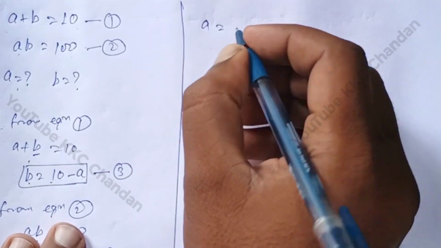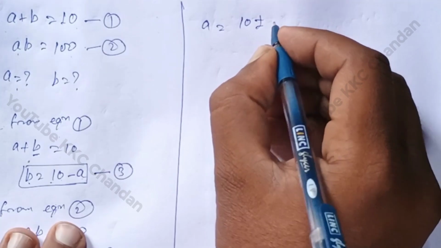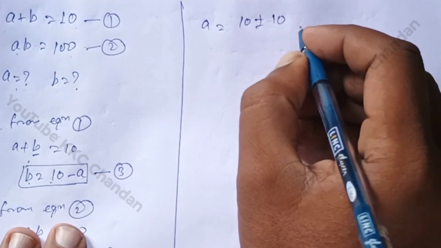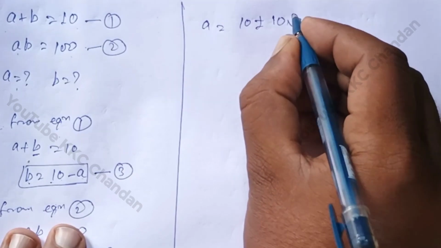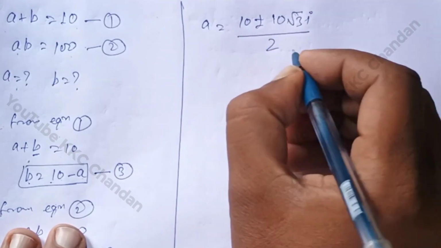A is equal to 10 plus minus root 100 value 10, root 3 into root minus 1 value i, divided by 2.